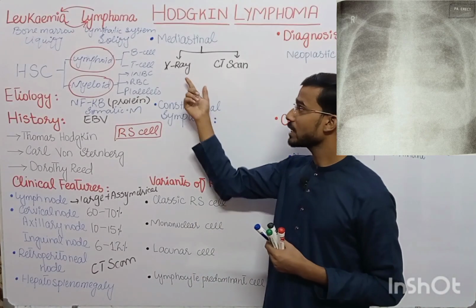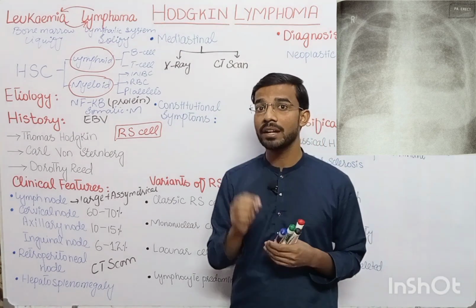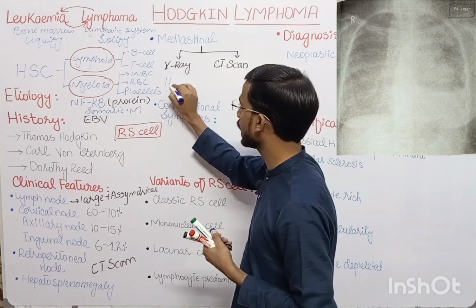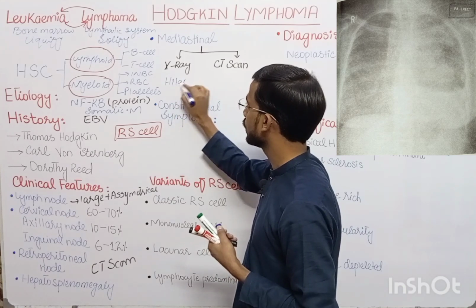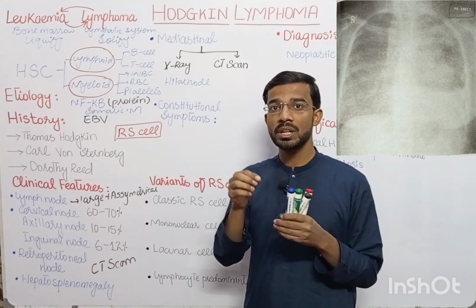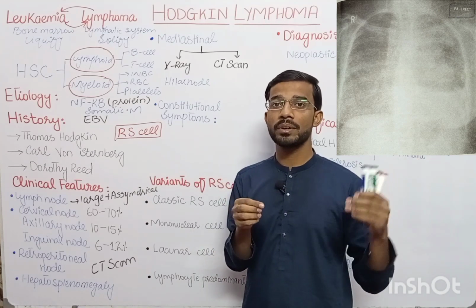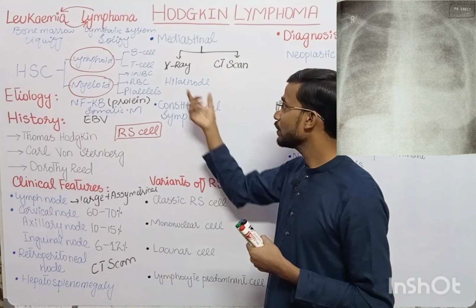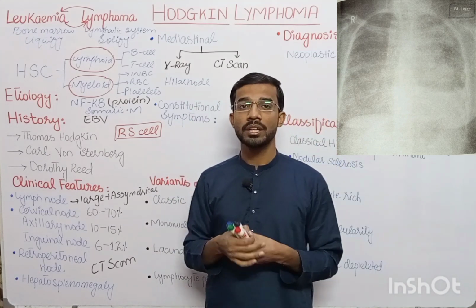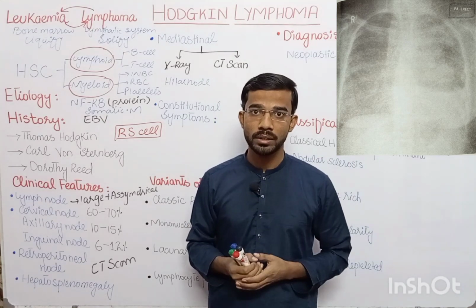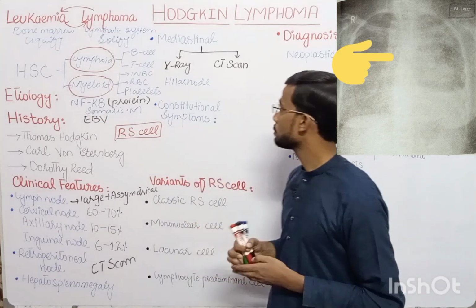And in X-ray, the left hilar node will be prominent. The hilar node is present at the position where bronchi and different blood vessels enter the lungs. If the hilar node is enlarged, you can see it on the X-ray just as shown on the screen.